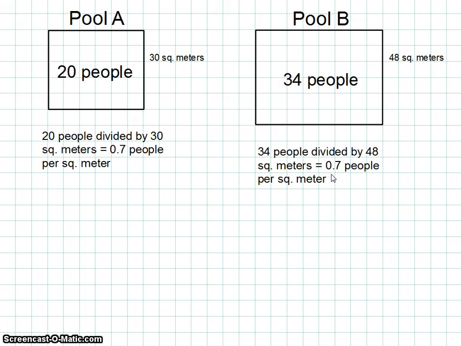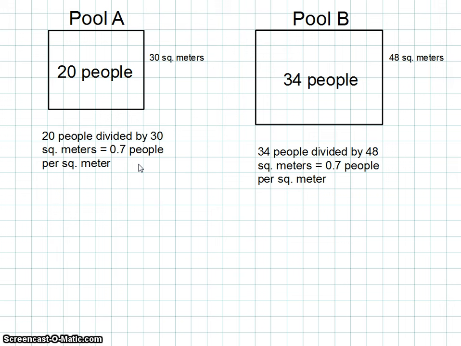But anyways, okay? To compare the crowdedness of the two swimming pools, one approach we took was to figure out how many people there will be in each square meter if the total people were divided equally into each of the square meter areas.